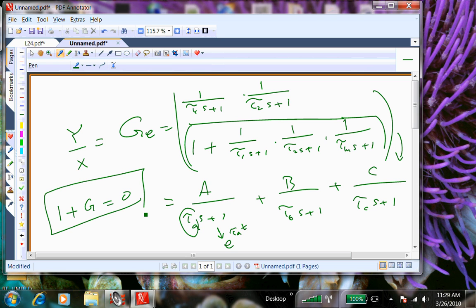So take the denominator of the effective transfer function and set that equal to 0 and solve for the roots. If it's a quadratic, you'll get 2 roots. If it's a cubic, you'll get 3 roots. Each one is an eigenvalue of a corresponding 3 by 3 system. And so you need to now look at the real part. Are they in the left half plane? That's what will tell you.